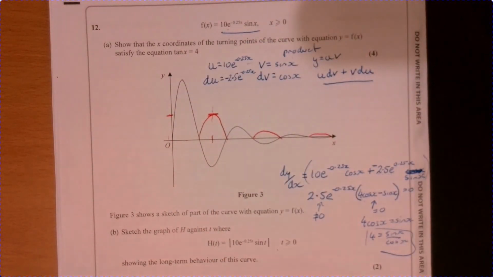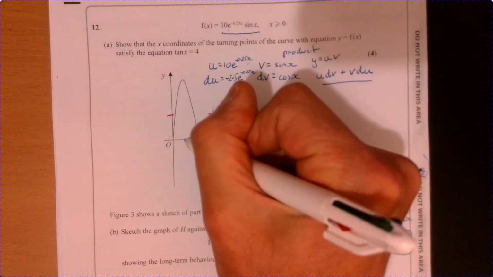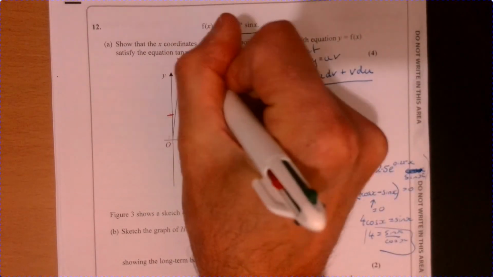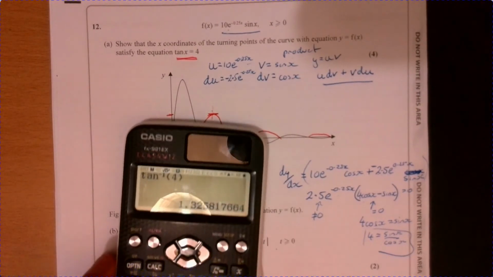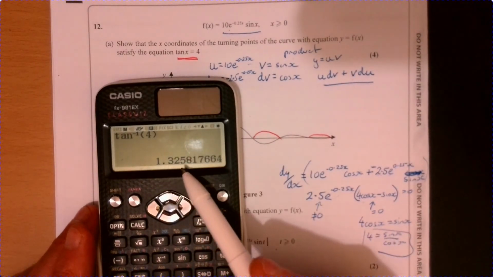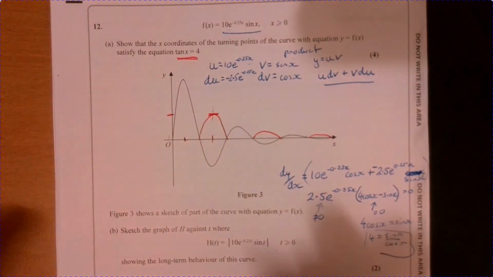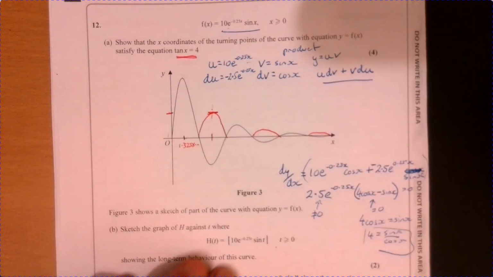In order to get that, we need to know what this point is here. Now remember, we've just worked out tan x equals 4. So if we simply arc tan 4, we get 1.3258. So that's this value just here.